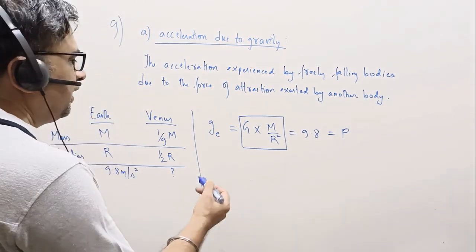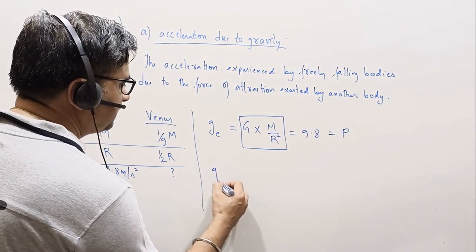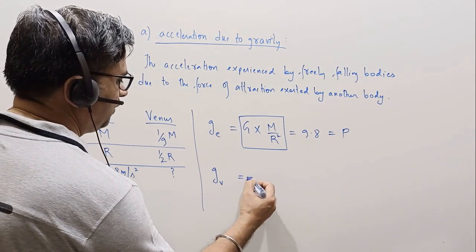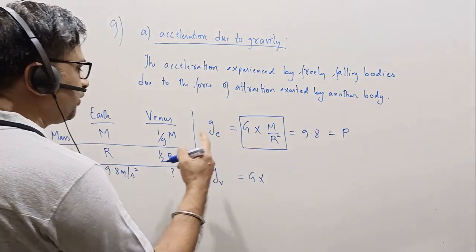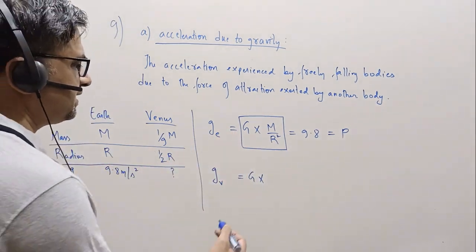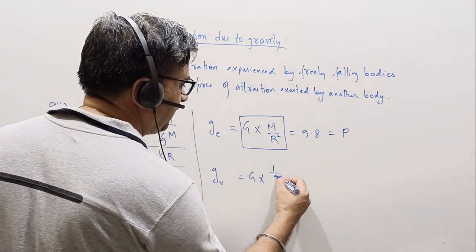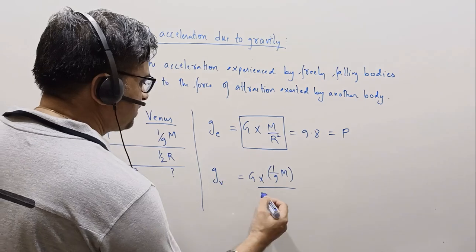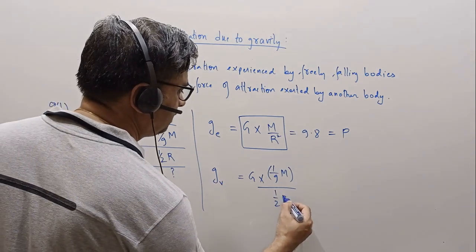Now, on the other hand, the acceleration due to gravity on Venus will be equal to g into the mass of Venus this time, and the mass of Venus is 1/9 m, and the radius of Venus is 1/2 r, the whole square.